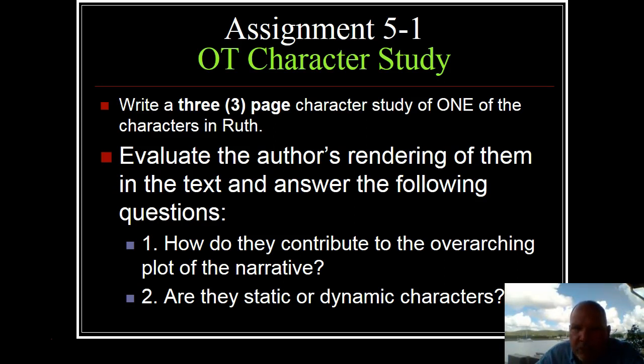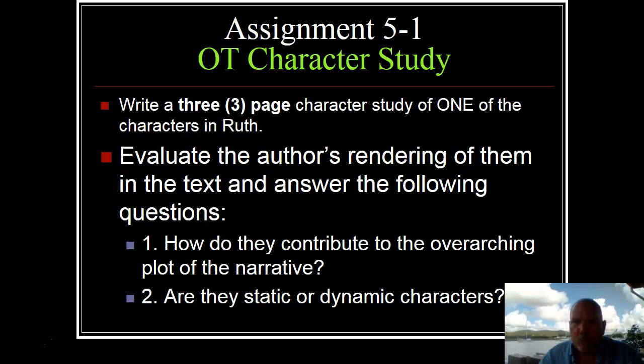First, how do they contribute to the overarching plot of the narrative? Look at the character in Ruth, and look at how that character impacts the flow of the entire book. How did the author create and give us information about that character to support the goal of the book?